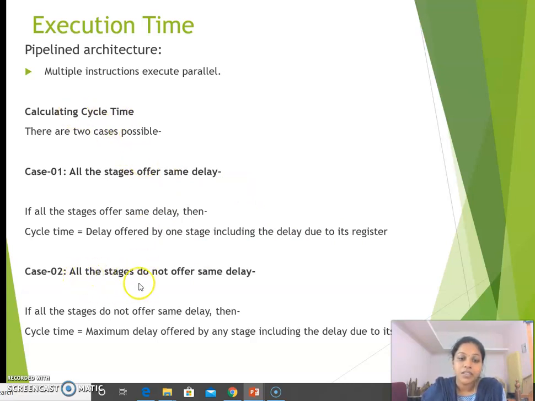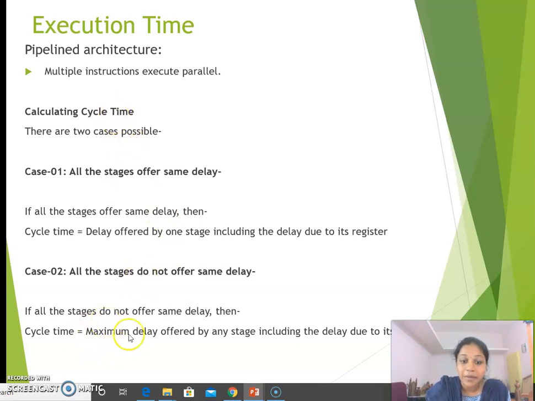Suppose all stages do not offer the same delay. In this case, how do we calculate the cycle time? For example, say instruction fetch is taking 1 nanosecond, instruction decode is taking 2 nanoseconds, and instruction execution is taking 3 nanoseconds. So every stage is taking different times. How do we calculate the cycle time in this case?